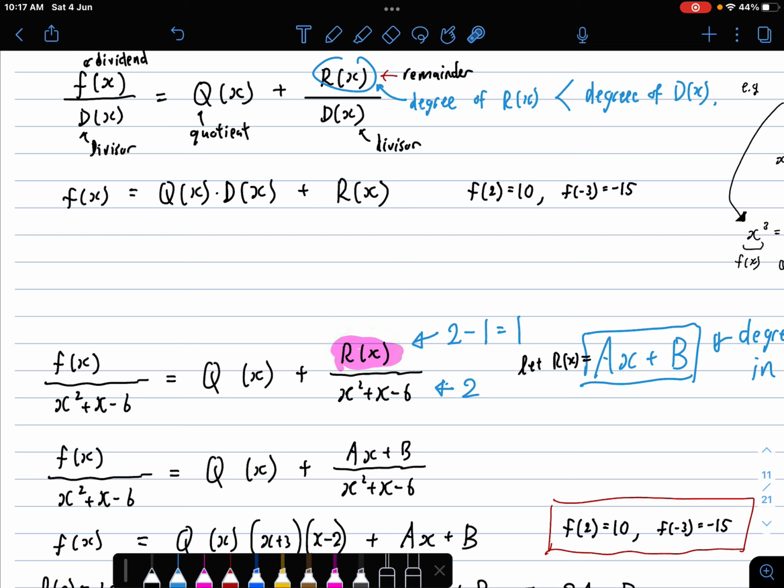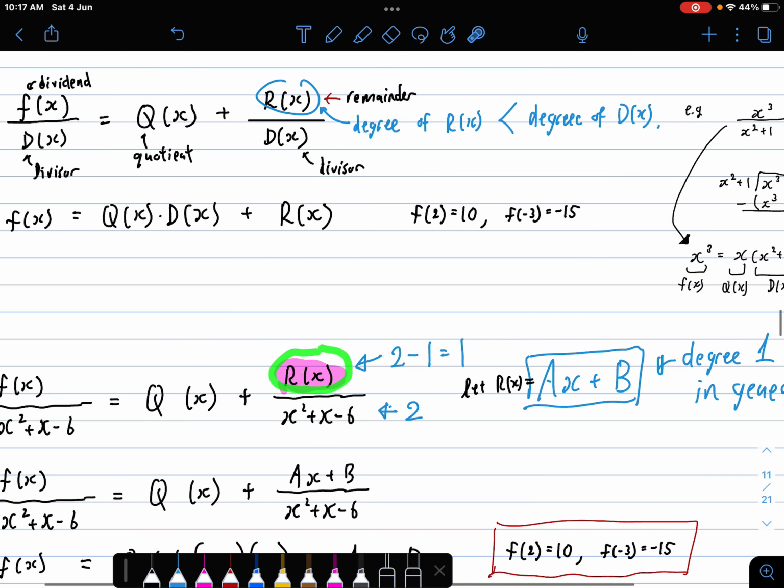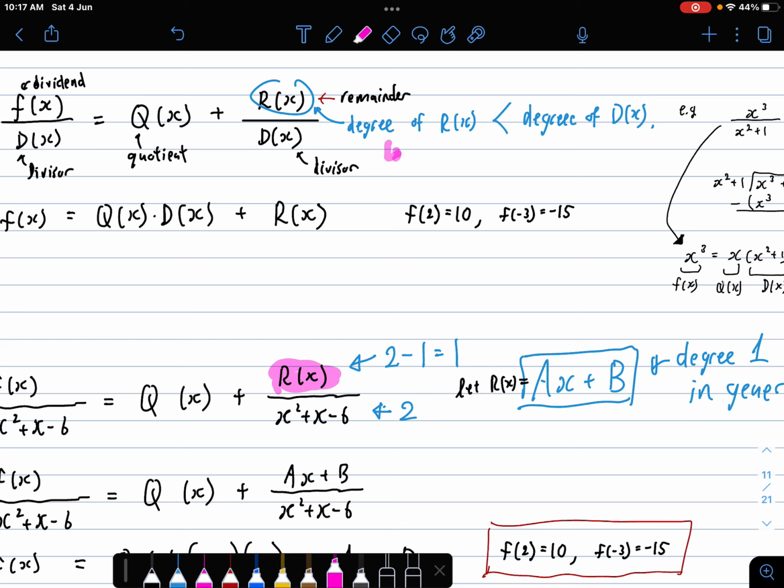We know that the divisor and the remainder have a relationship in terms of the degree. The denominator degree is 2. The numerator, the remainder's degree, will usually be 1 less than the denominator.